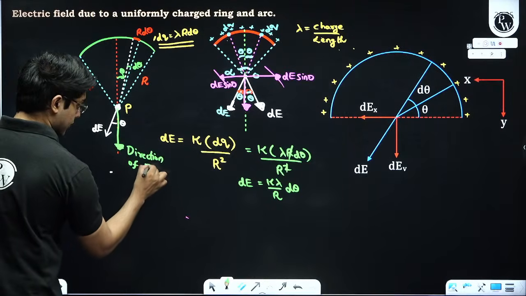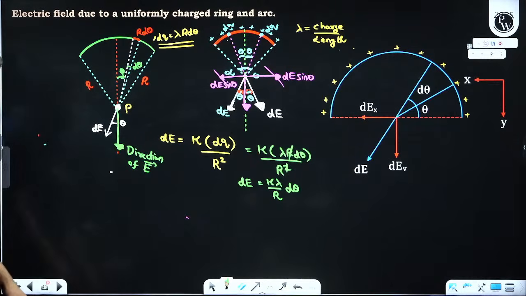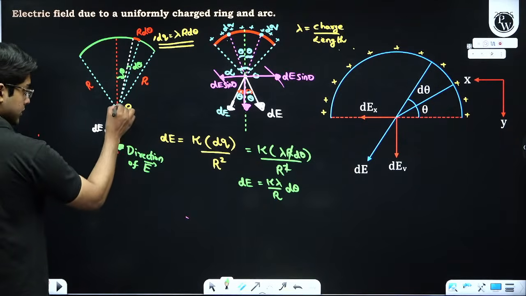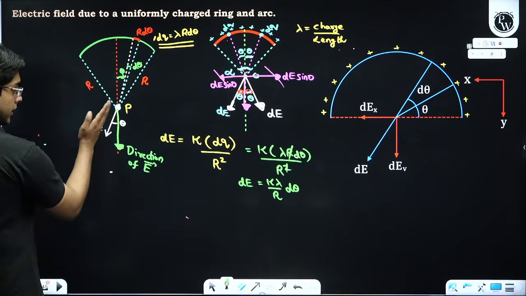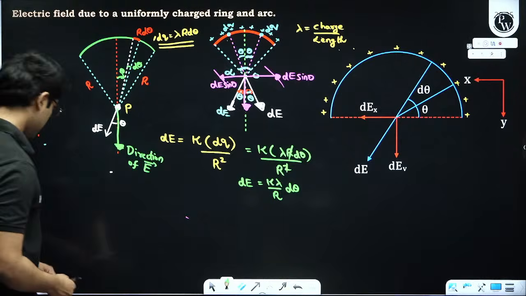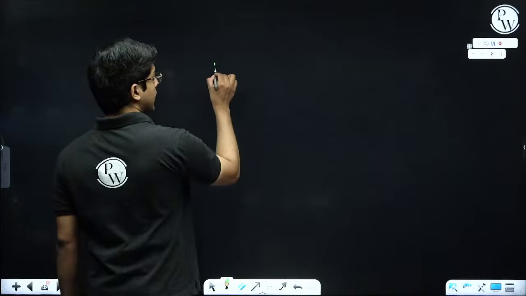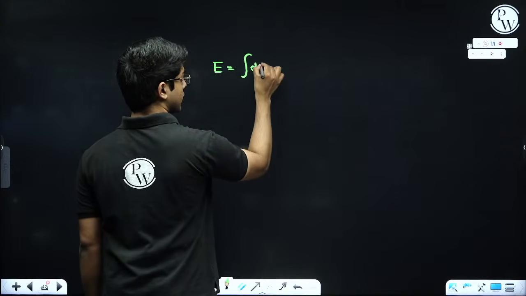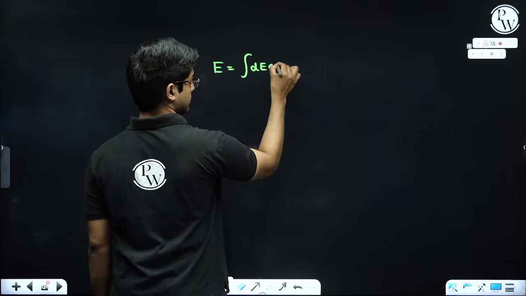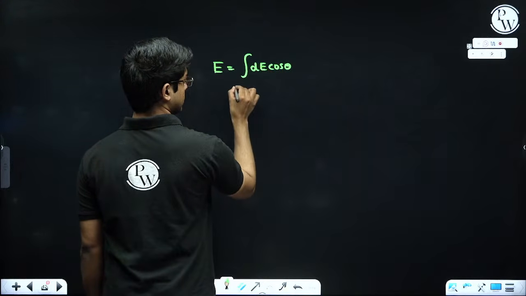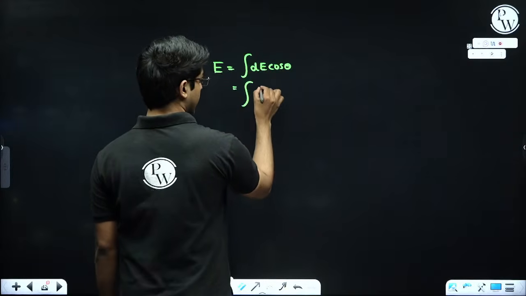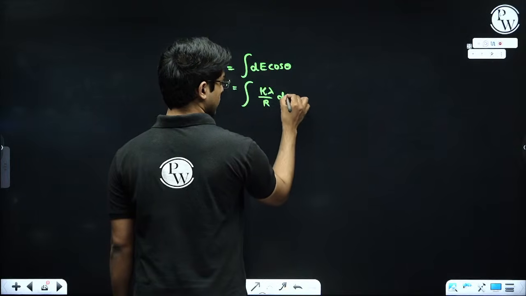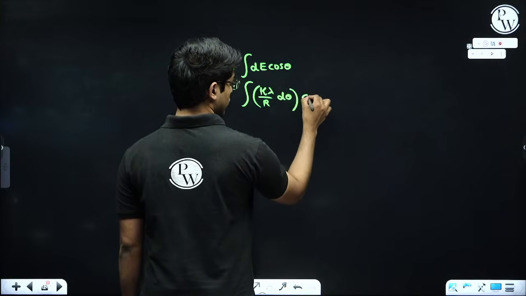of the net field. So all I have to do is integrate this component. Okay, what is this component along the green line? dE cos theta. So if I want the net field, all I have to do is integrate dE cos theta. dE was k lambda by r into d theta into cos theta.